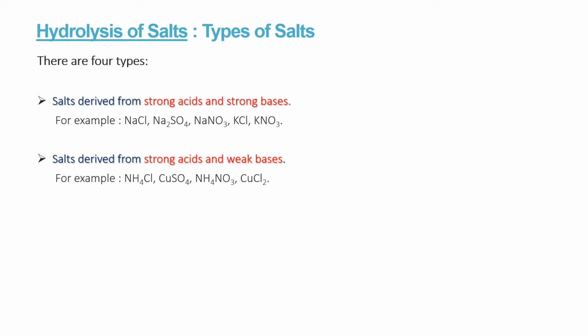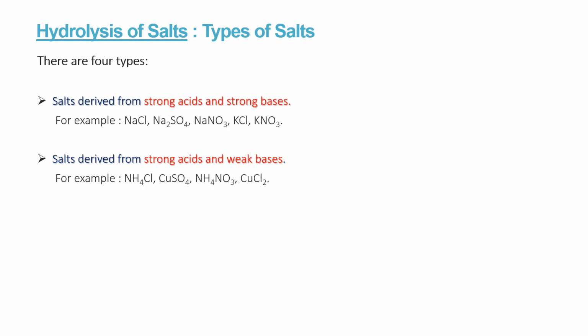Now next is CuSO4. So CuSO4 is formed due to Cu(OH)2 and H2SO4. Now in this case H2SO4 is a strong acid and Cu(OH)2 is your weak base. Next is NH4NO3.